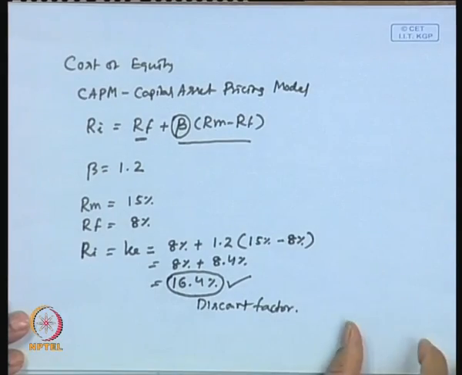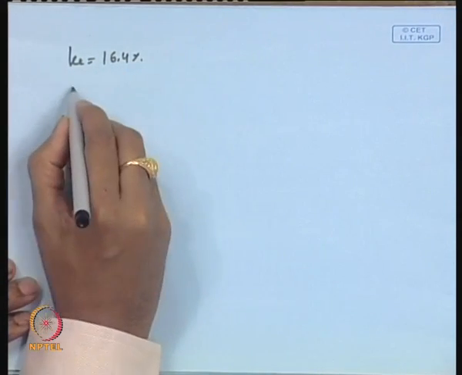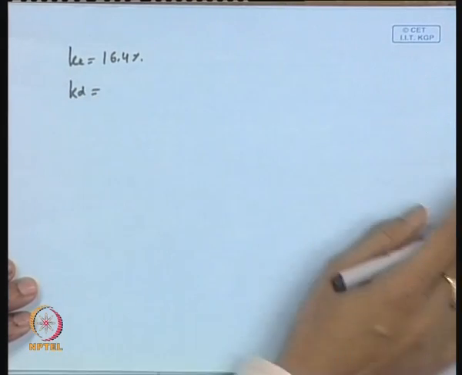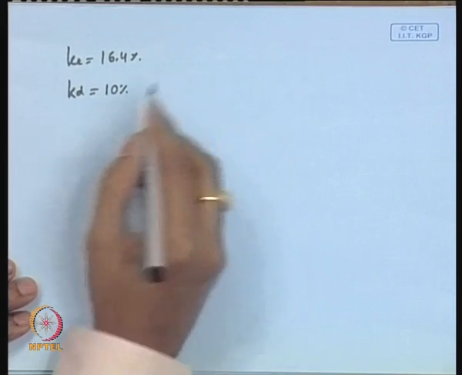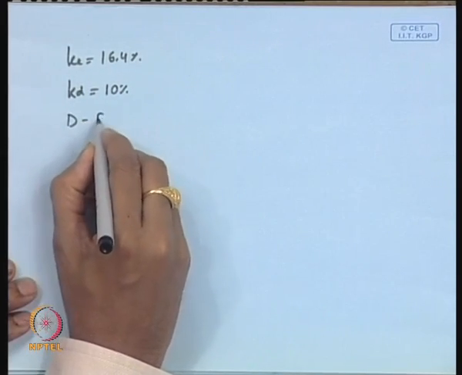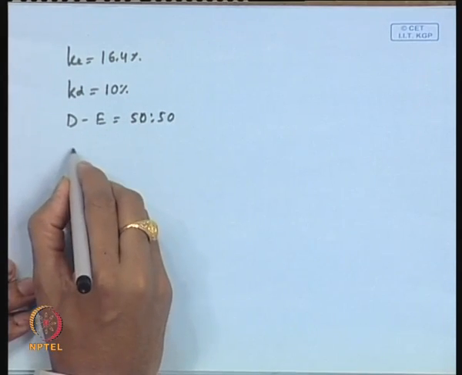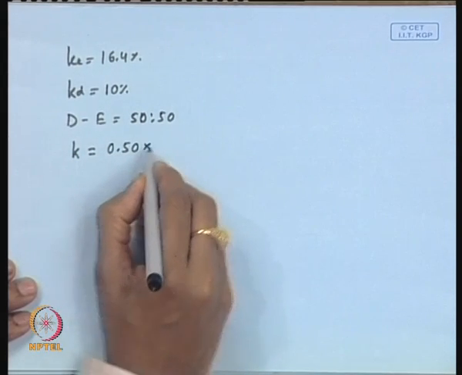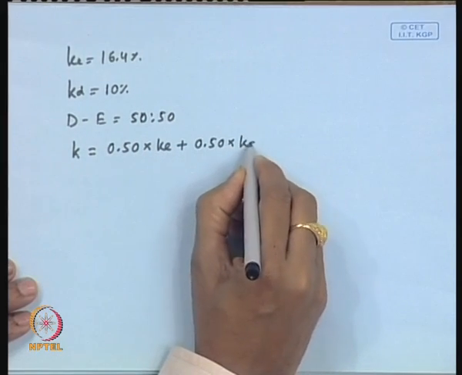After getting this, the cost of equity is 16.4%, and if the cost of debt, on a post tax basis, is, let us say, 10%, and the debt to equity of the particular company is, let us say, 50:50, so equal weight, then the cost of capital, called simply K, is 0.50 into cost of equity plus 0.50 into cost of debt.